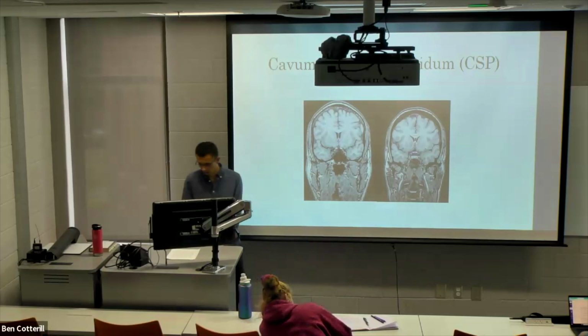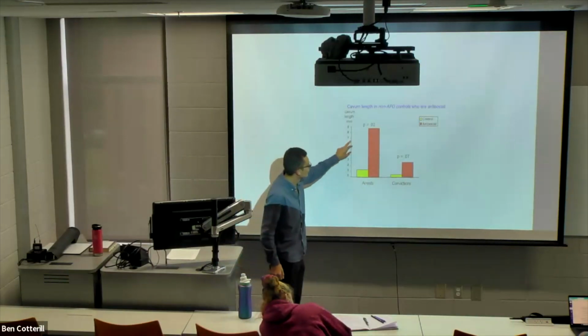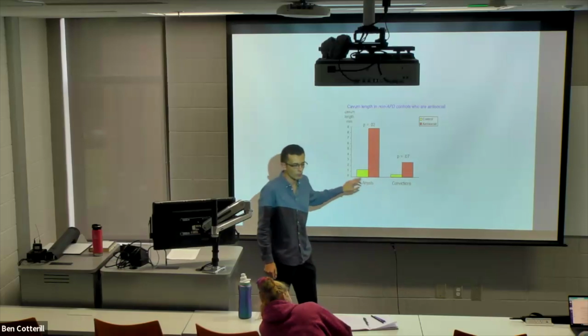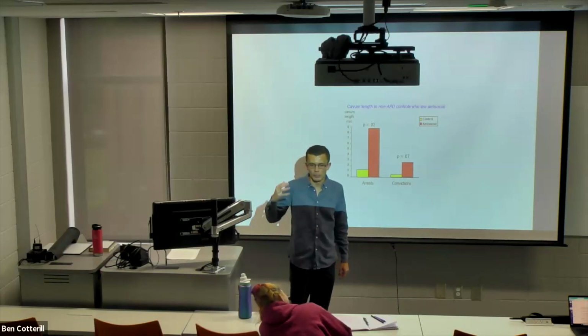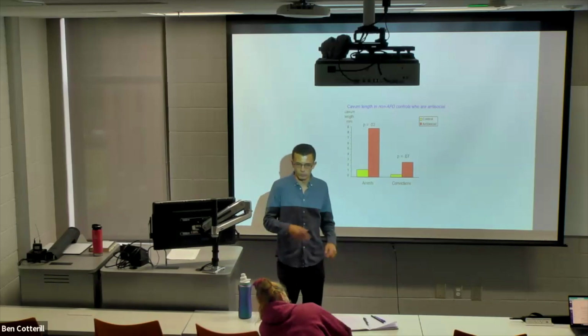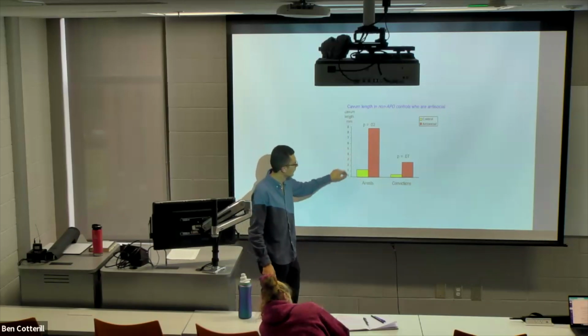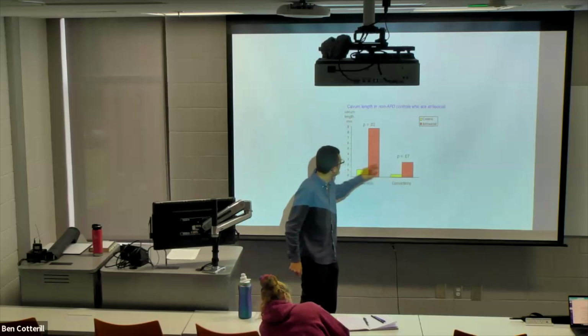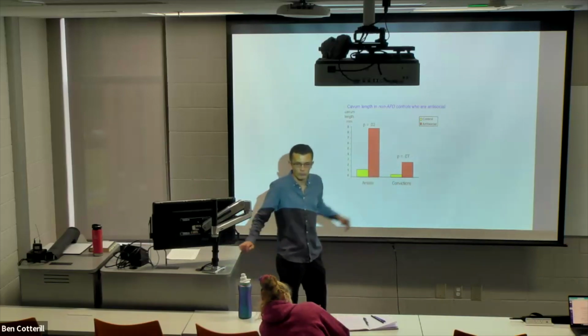So what we can look at is degrees of cavum septum pellucidum and have that as our dependent variable on the y-axis. Instead of psychopathy or criminal convictions or whatever, we flip it around. Cavum septum pellucidum is now the dependent variable. And we compare it in antisocials, the red group, and in controls, the yellow group.